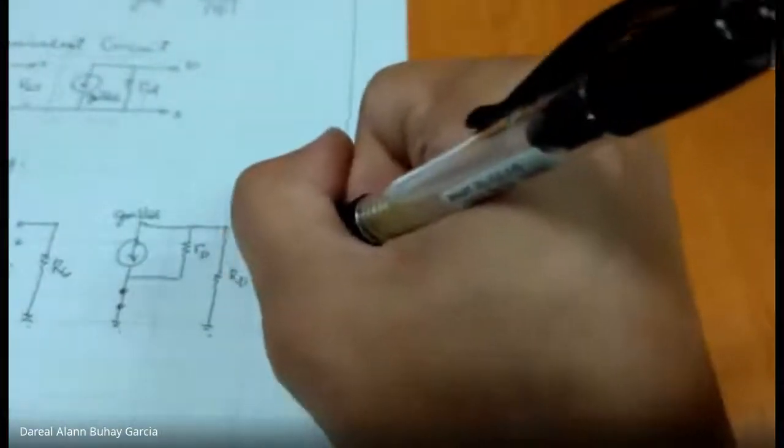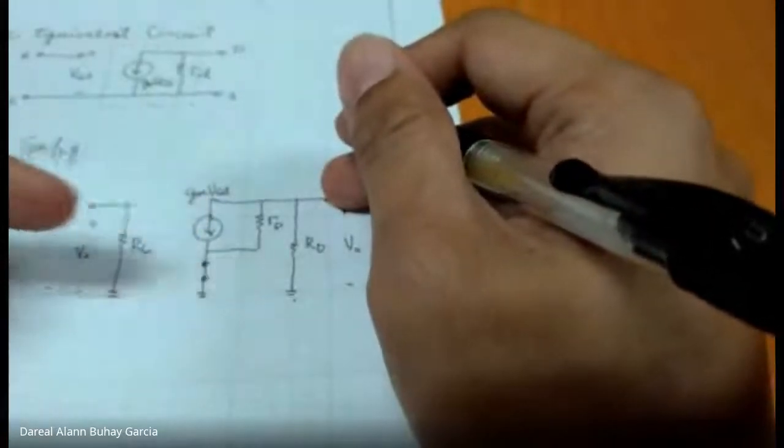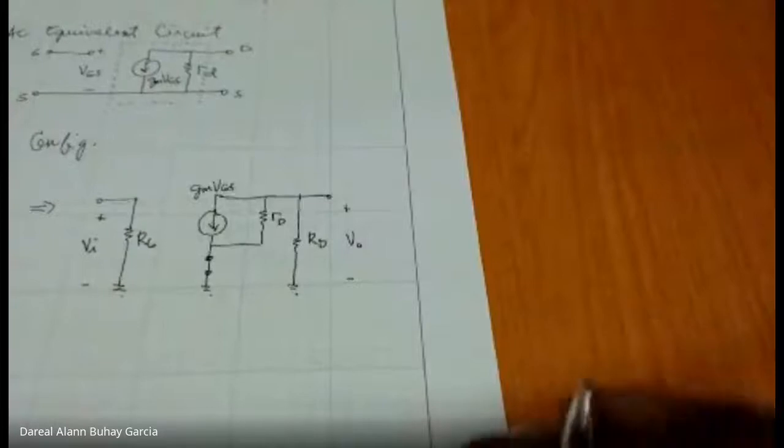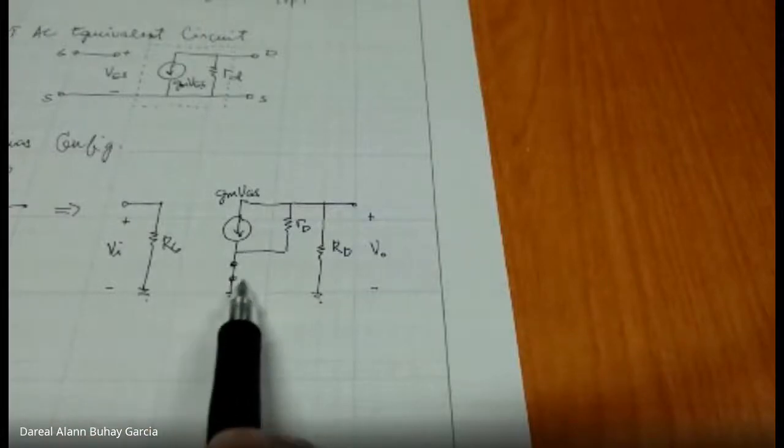Okay. VI, VO, input impedance is measured here. Output impedance here. Okay. Supposedly, man si RE. RS. Kani siya, oh.